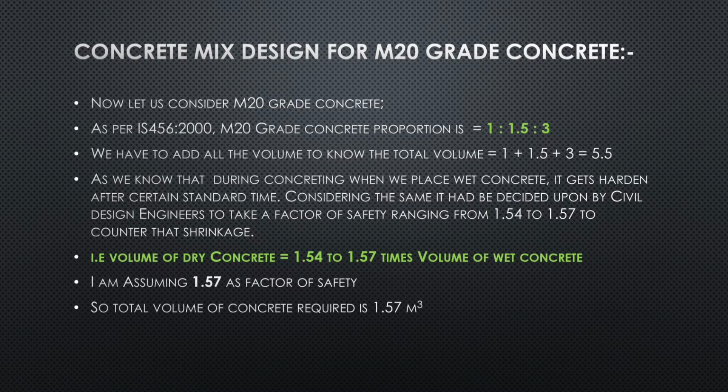Volume of dry concrete equals 1.54 to 1.57 times the volume of wet concrete. I am assuming here 1.57 as the factor of safety. So the total volume of concrete required is 1.57 meter cube.